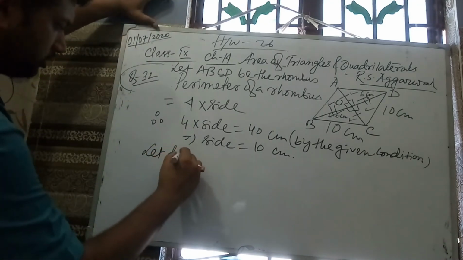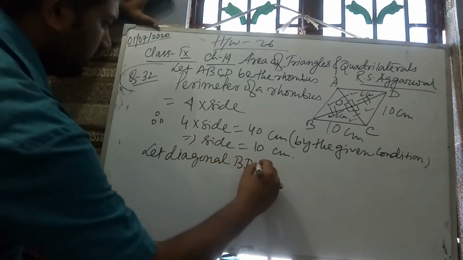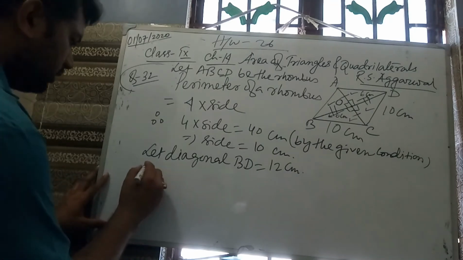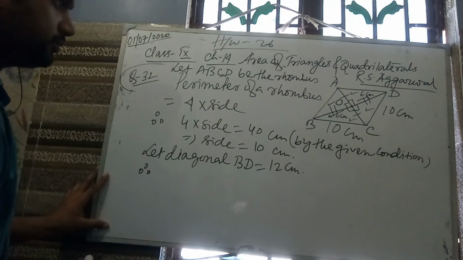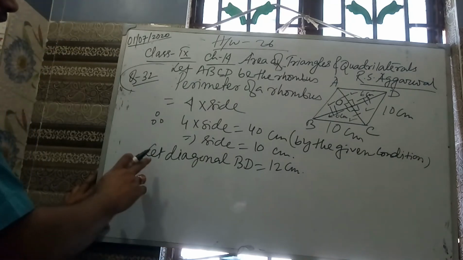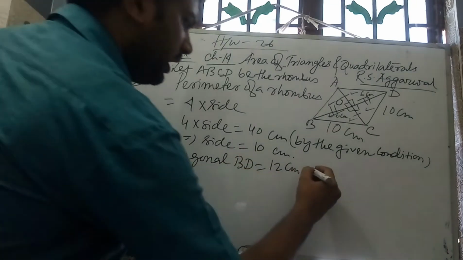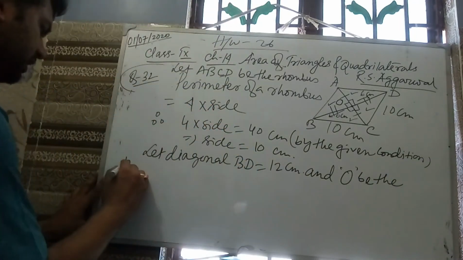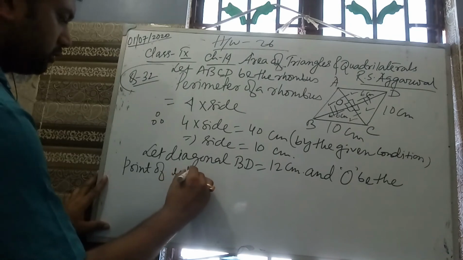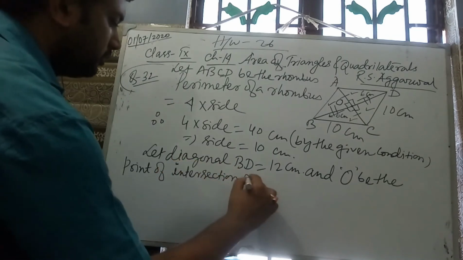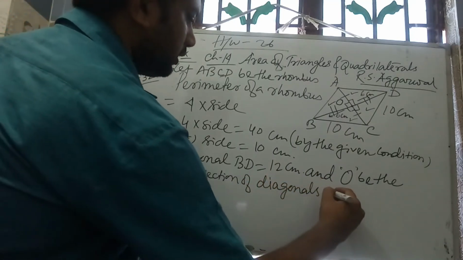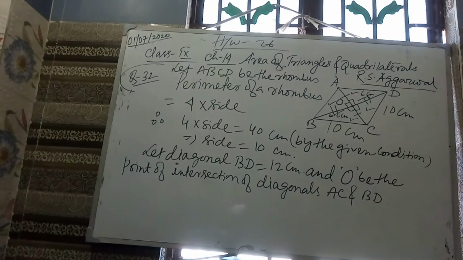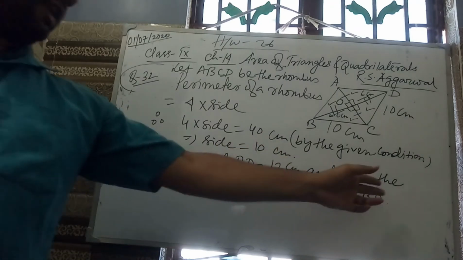Let diagonal BD be 12 centimeter and O be the point of intersection of the diagonals AC and BD.